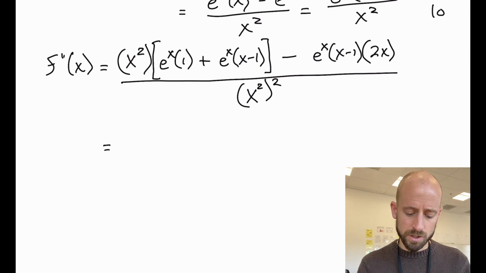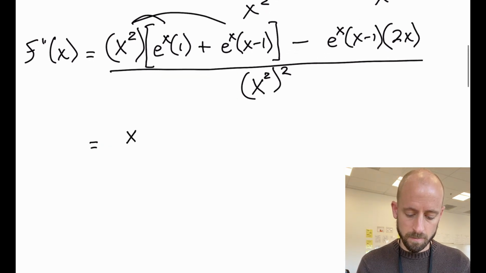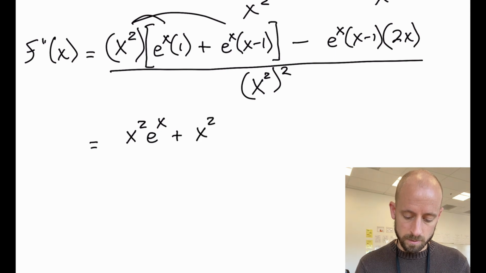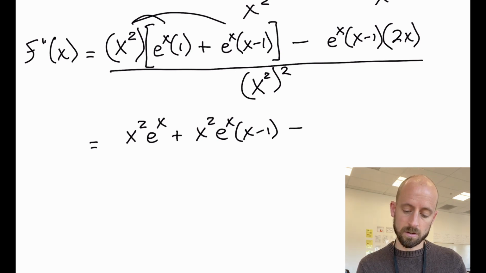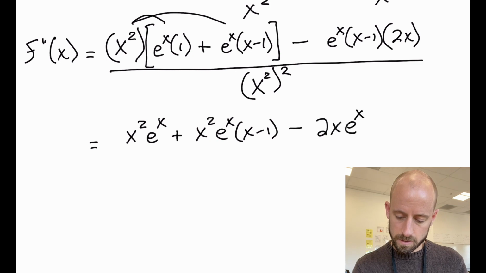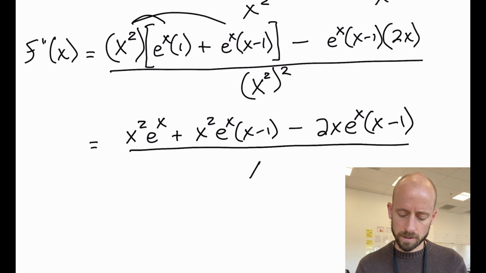We would distribute this x squared to both terms, giving me x squared times e to the x plus, let's see, x squared times e to the x times x minus 1, minus, oh boy, minus 2x e to the x times x minus 1. Whew, that is gnarly. All over x to the 4th.